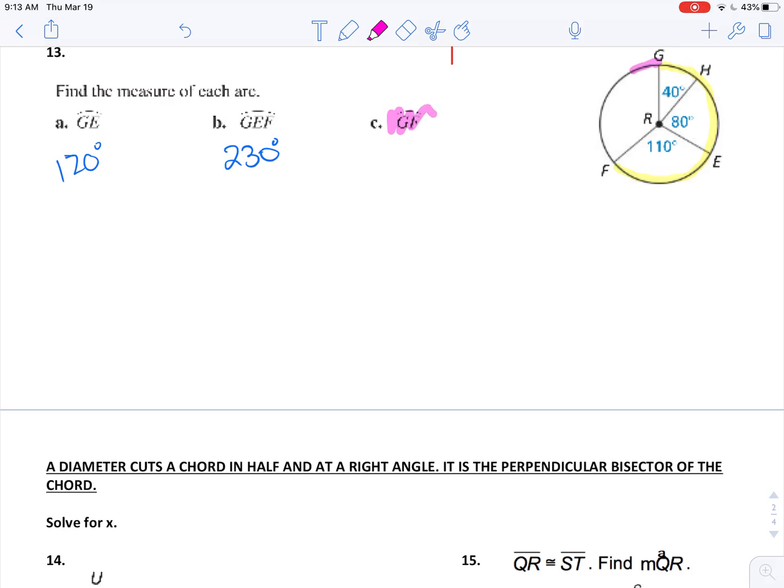And now for GF, this is saying go the other way. So the yellow part is 230. What makes up the rest of this circle? What goes with 230 to make up a whole circle? So 360 minus 230 gets me 130 degrees.